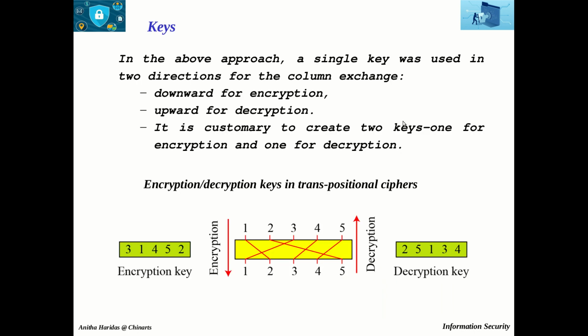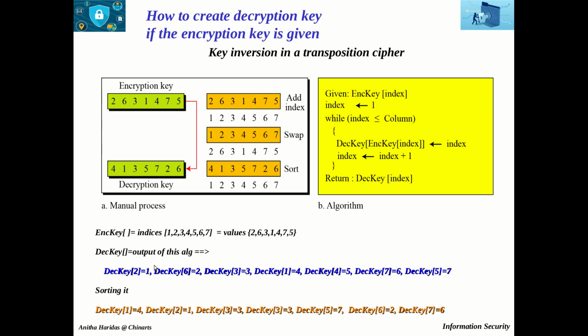Suppose, for example, this is the encryption key agreed between the sender and receiver. Using this encryption key, how the decryption key can be generated, that is what is depicted in this algorithm. Now this is the manual process shown here and this is the algorithm that we can use.